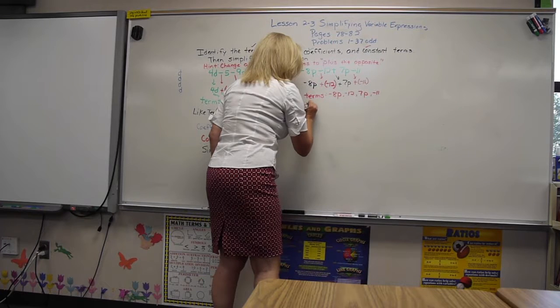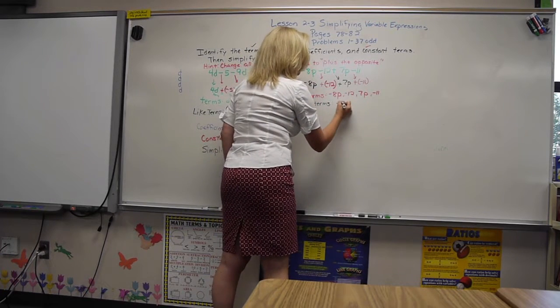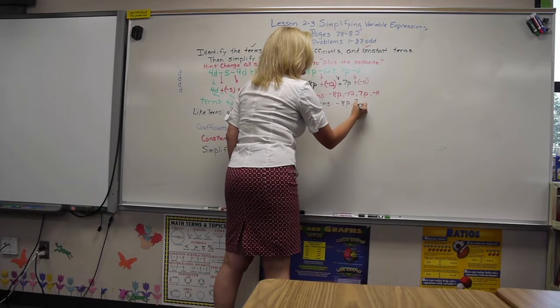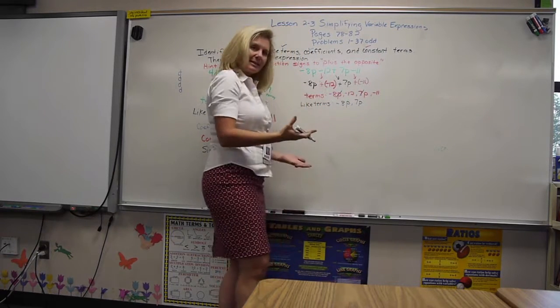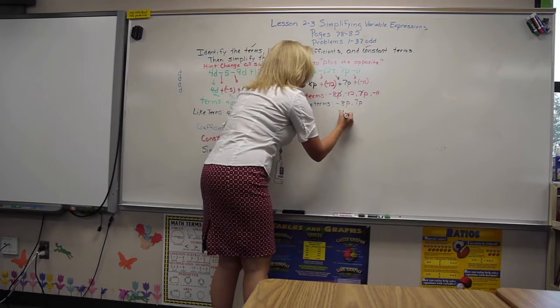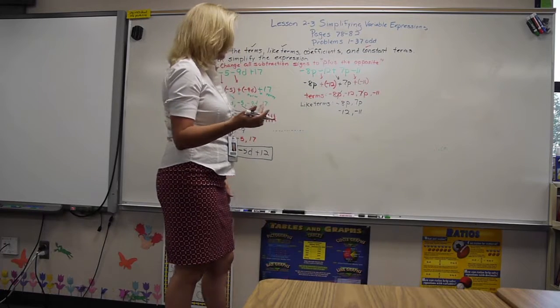So if I look at my like terms, I have negative 8p and 7p. So I'm pulling these two. Now a different set of like terms would be negative 12 and negative 11. So I'll do those on 2 separate lines.